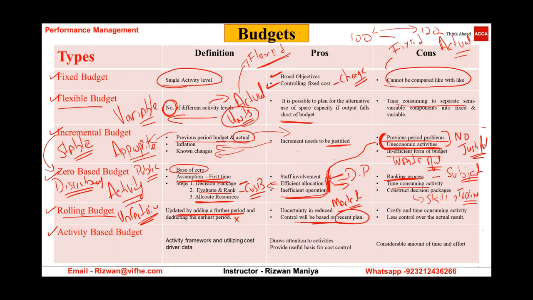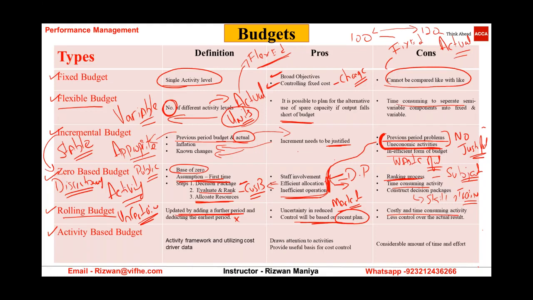So it's very clear, it's costly and time consuming. Obviously you need to continuously change your budgets, you need to add further periods into the budgeting year. So yes, it requires constant work from the management, who need to be on their feet for this, and they need to change and add further budgeting periods again and again on a regular basis.